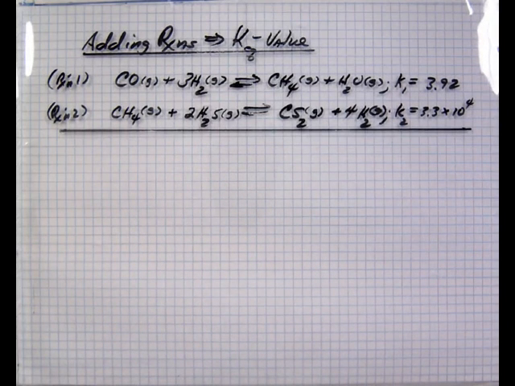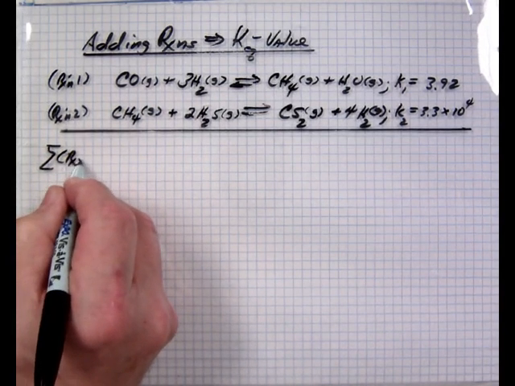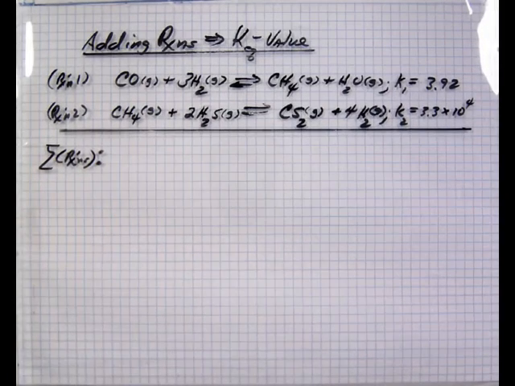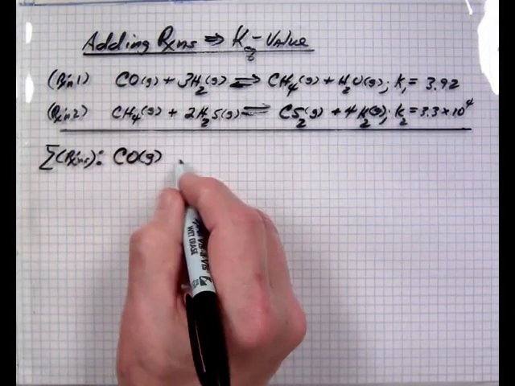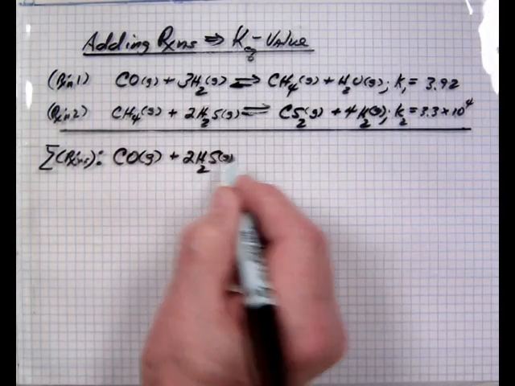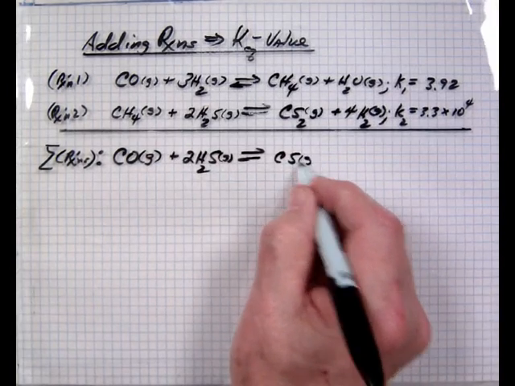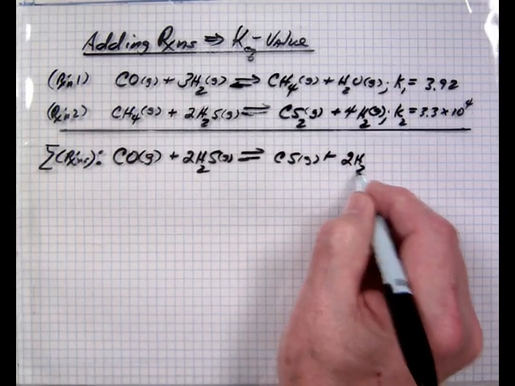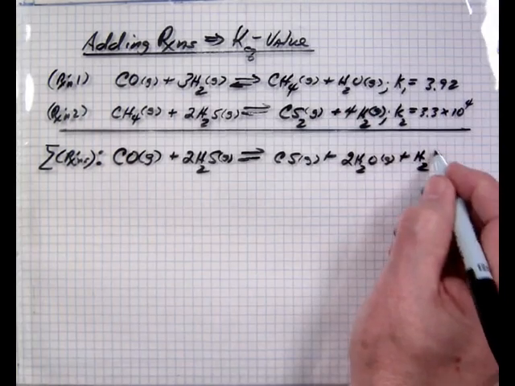So now we add these two together. Add reactions. We'll come up with carbon monoxide interacting with hydrogen sulfide, and the outcome is carbon disulfide plus water gas plus H2 gas.